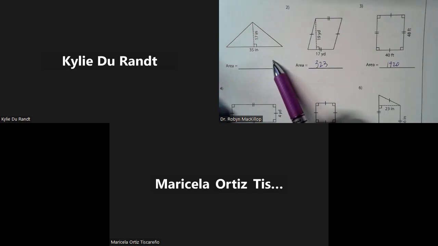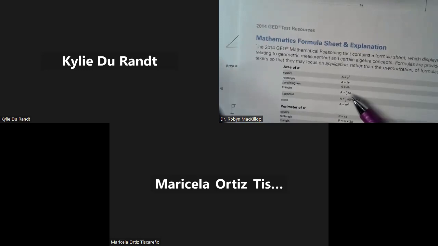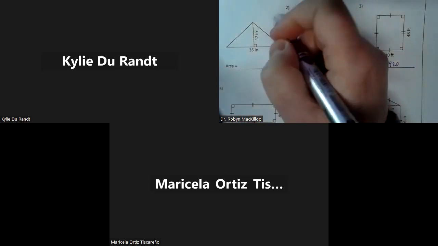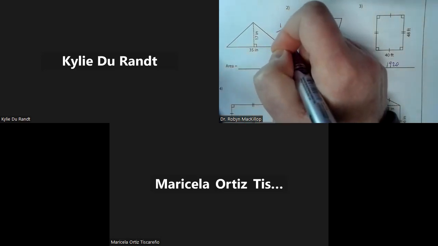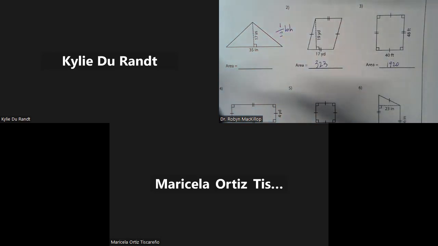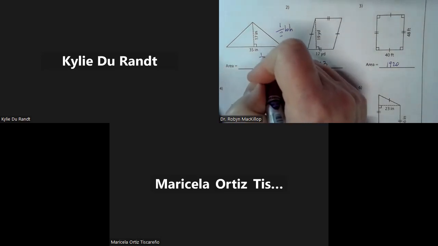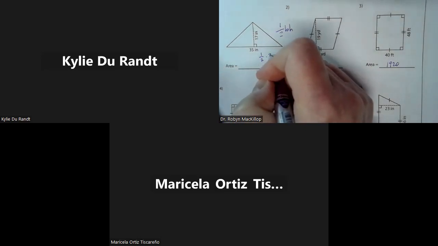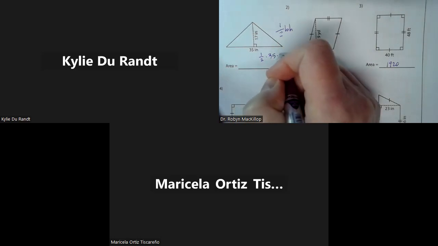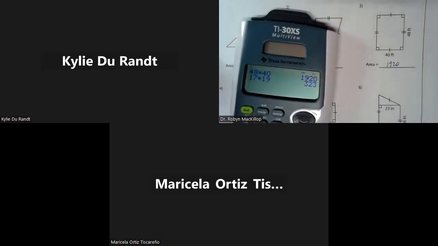Now let's take a look at the triangle, and the area of a triangle, I think this is review, is 1/2 base times height. I'm going to write that in here just so you can see it. 1/2 base times height. So our base is 35. Our height is 17. So it's going to be 1/2 times 35 times 17. And your calculator will do that beautifully.